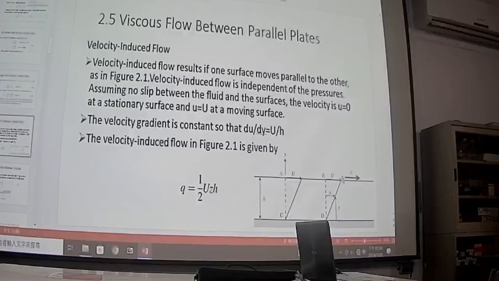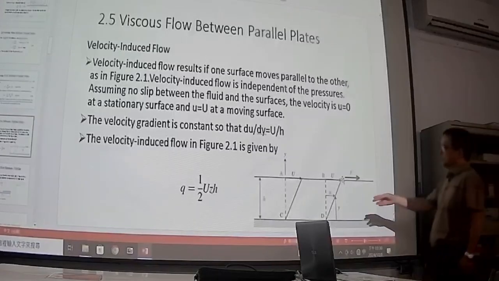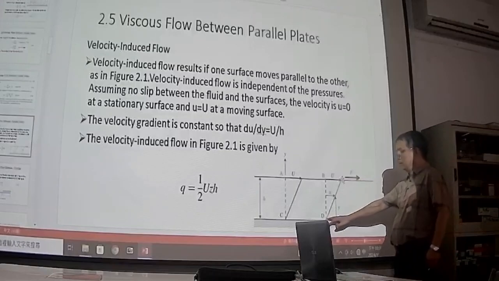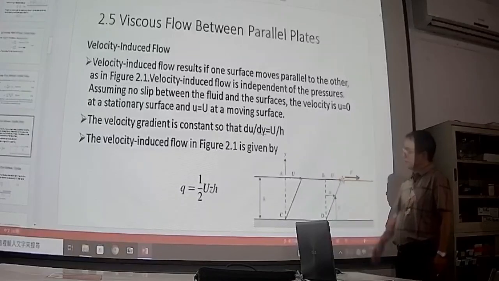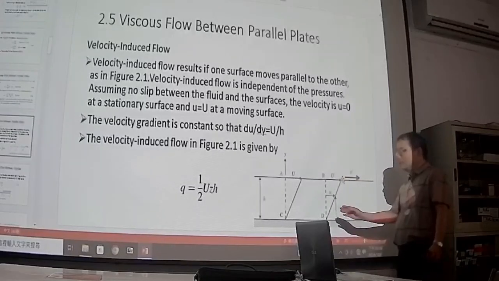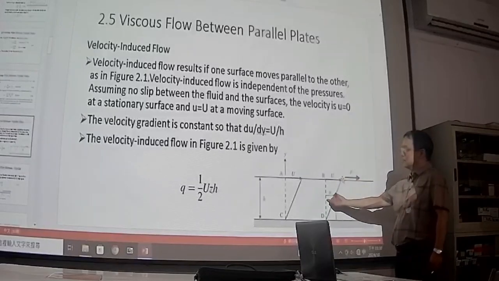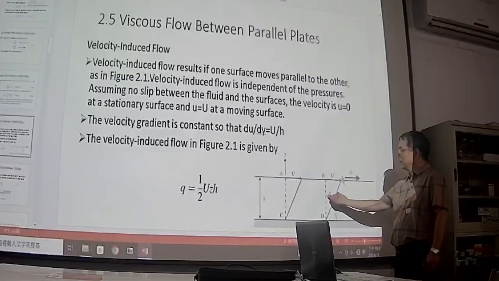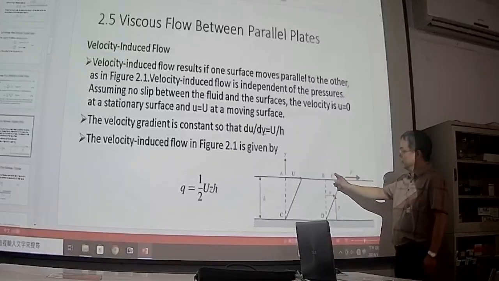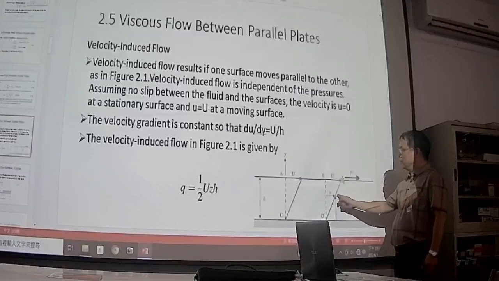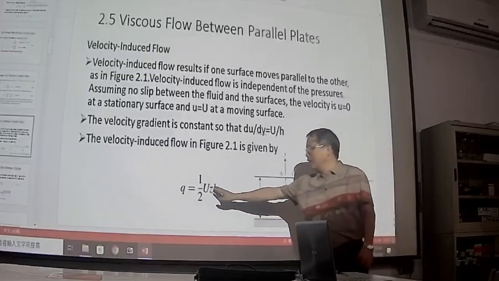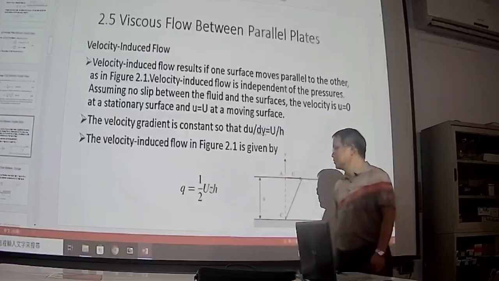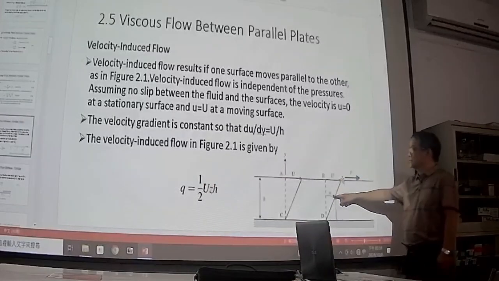In this case, on the bottom the velocity is zero. On the top, the velocity is u. For the average, the velocity is u divided by 2. This is the average velocity in the center.